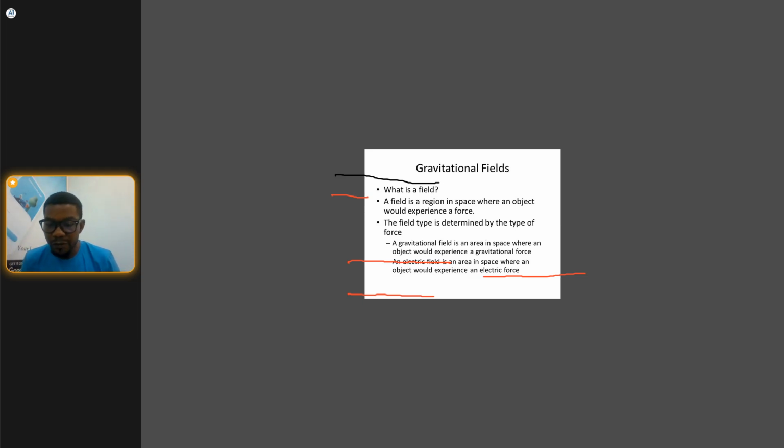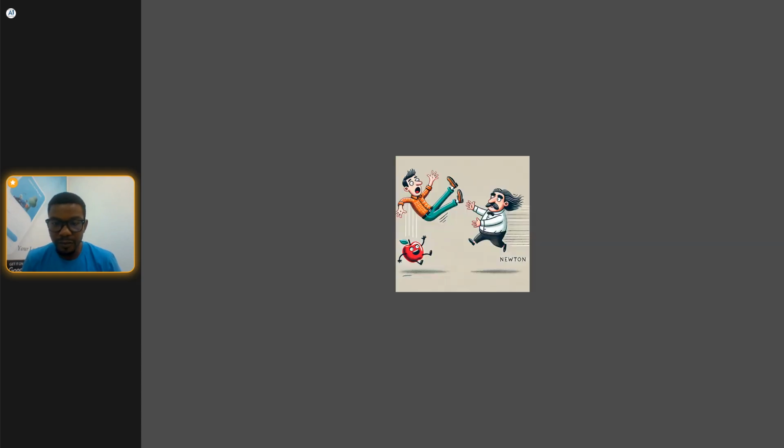Okay? So if I should refer you back to the diagram that we used initially, we can see that this man is in the space. Likewise, this apple is also in the space.